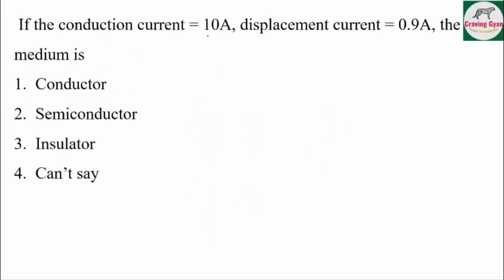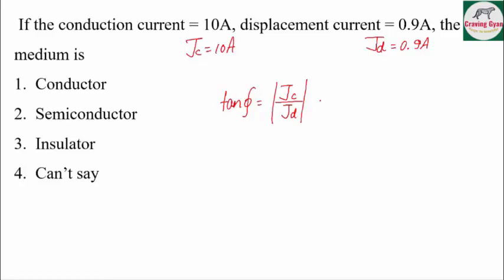If the conduction current equals 10 amperes and the displacement current equals 0.9 amperes, what they are telling is the medium is what? We know that in order to judge which type of medium it is, we have to calculate the loss tangent. Loss tangent is given by tan phi, which is the ratio of conduction current to displacement current, or sigma divided by omega epsilon, where sigma is conductivity, omega is 2 pi f, and epsilon is epsilon naught times epsilon r.